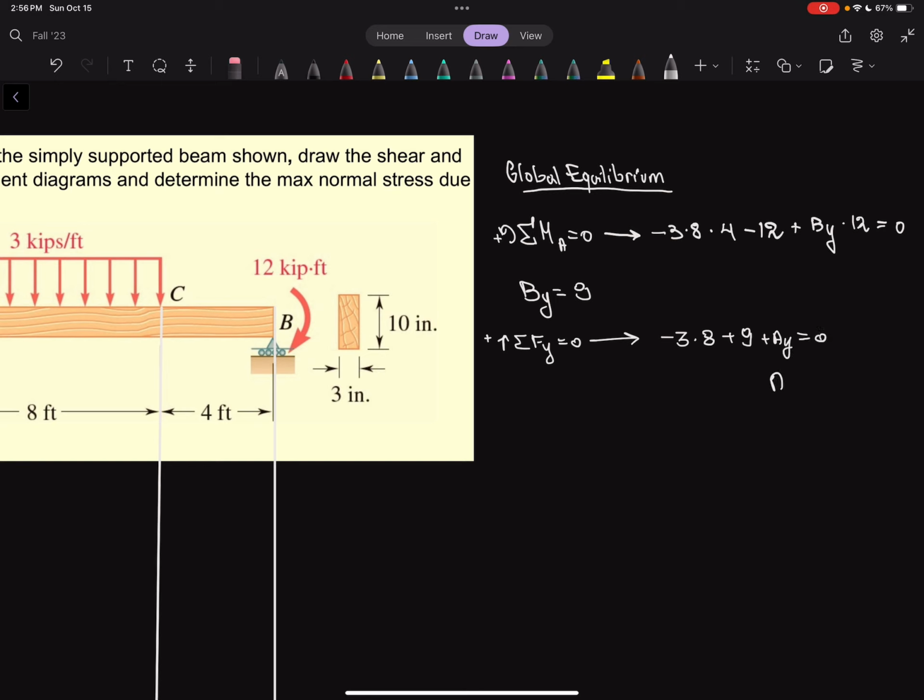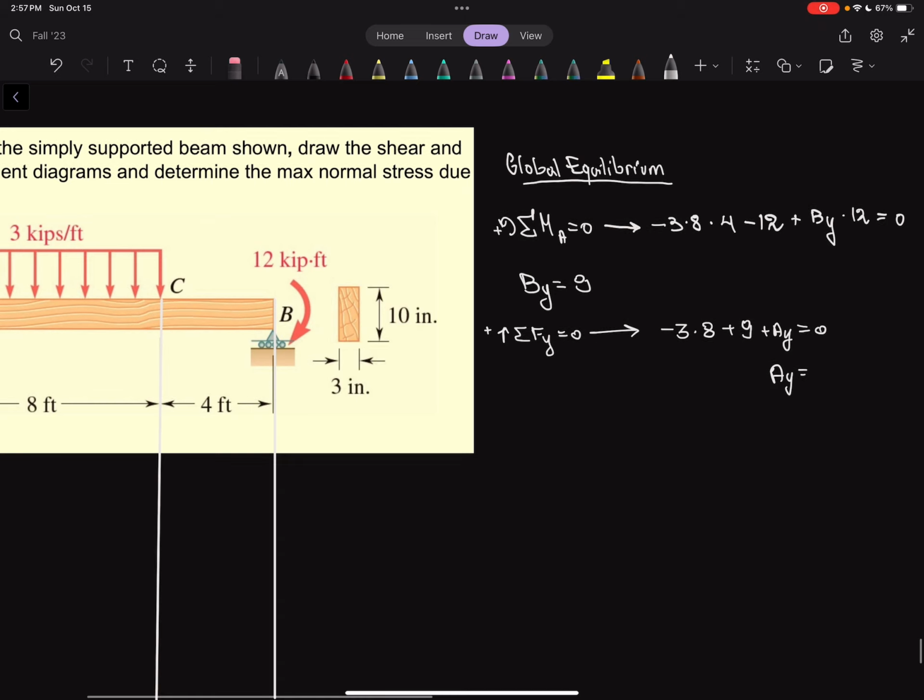So Ay is going to be equal to 24 minus 9, which is equal to 15 kips.